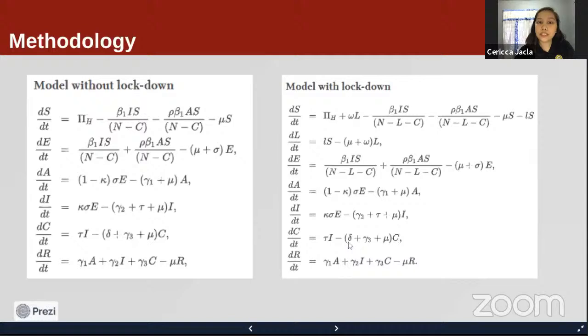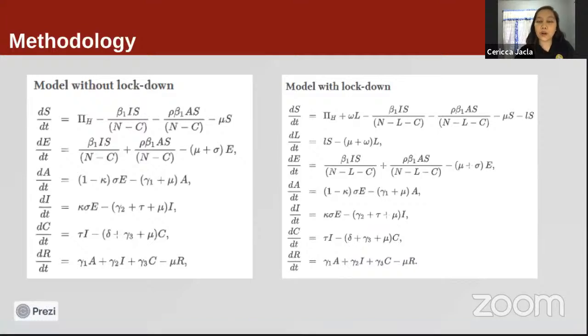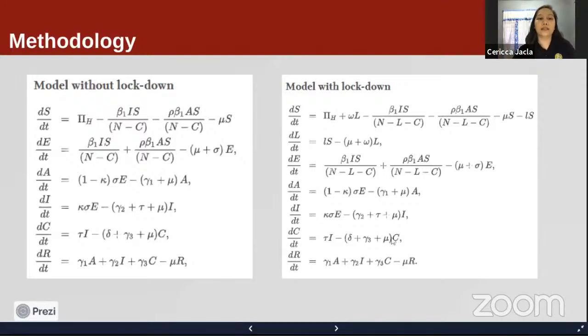However, it is also deducted by those who are infected and symptomatic, and then they're sent and notified in a hospital, which causes an increase for the hospitalized population.